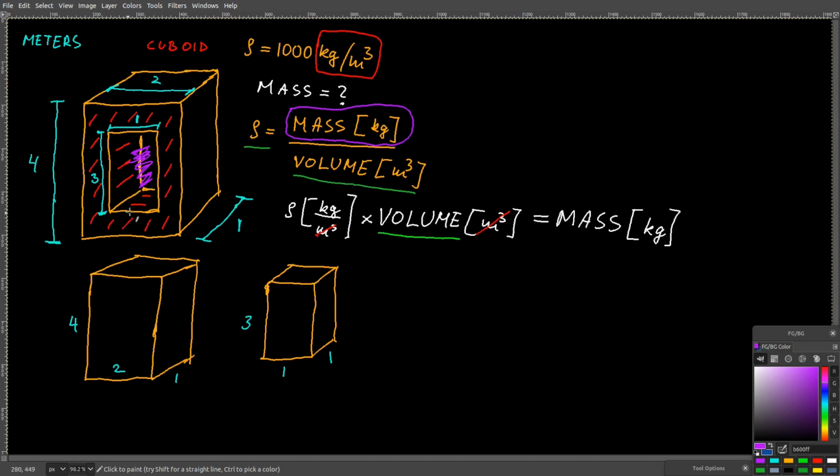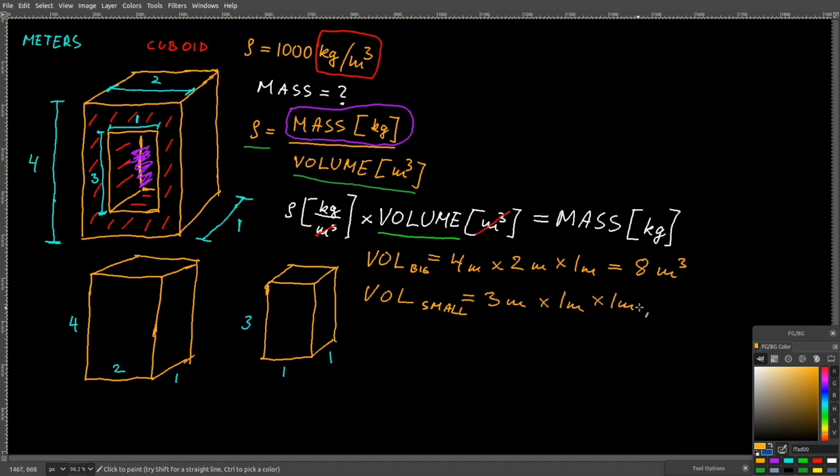It's that hollow part. If you now calculate the volume of both of those cuboids, for the big one, you will get this times this times this, and you will have 8 cubic meters. And then for the small one, you will have this times this times this, and you will have 3 cubic meters.